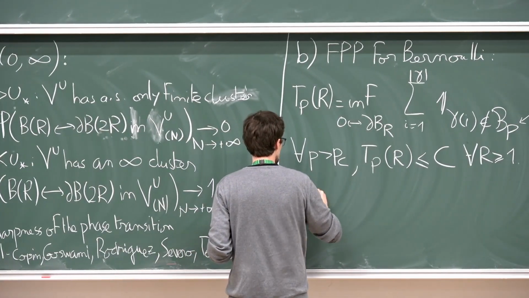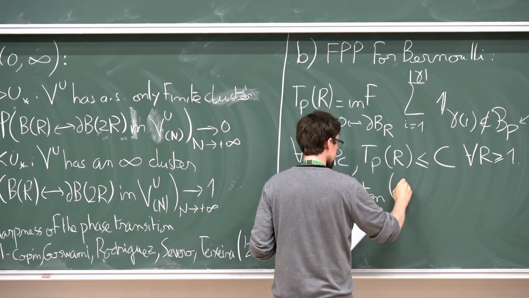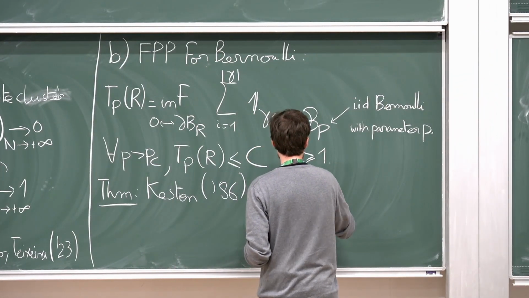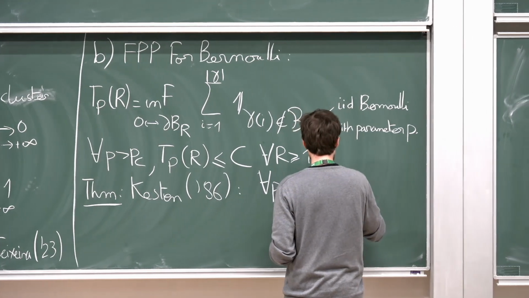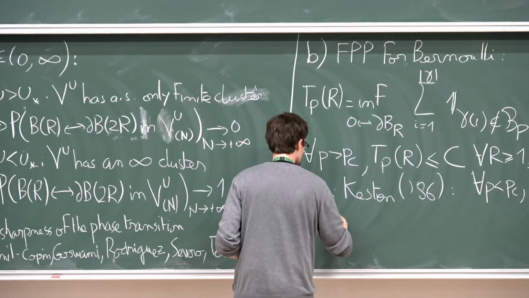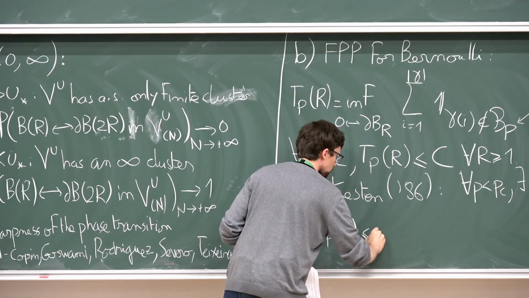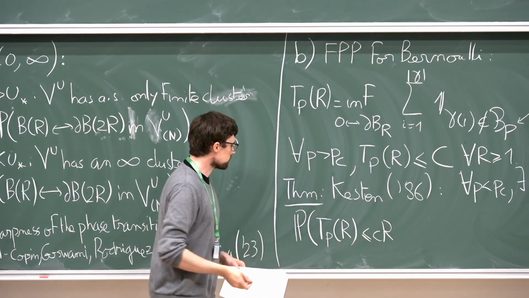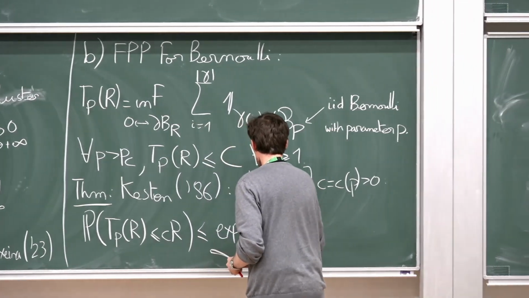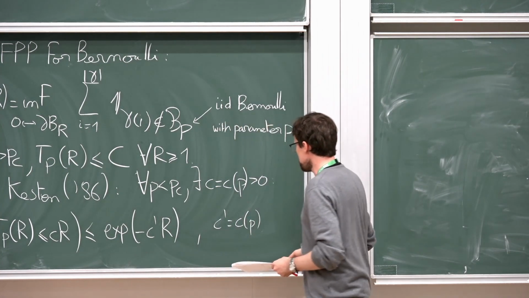So the answer is relatively clear. However, what is less clear is what Kesten proved, in '86. He proved the following. If P is smaller than PC, actually your speed is linear with high probability. This means that the probability that your first passage percolation distance is smaller than linear, smaller than some constant times R, will decay exponentially fast, like exp(-C' R), where C and C' are constants dependent on P, not explicit.